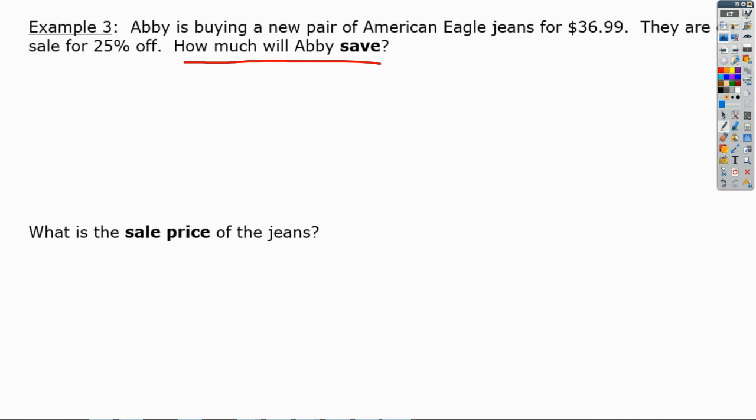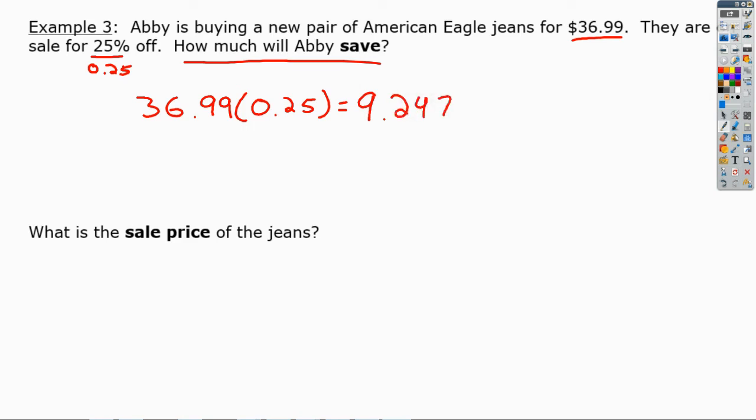So once again, we'll take our original number, $36.99, and we're going to multiply it by our percentage as a decimal. Now, 25% is equal to 0.25. So we're really doing 36.99 times 0.25. Now, just like the last problem, if you go ahead and multiply this, you're going to get a number that needs to be rounded. You're going to get $9.2475.